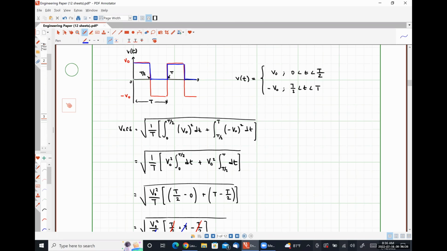So just because it happened to work out to be V naught for the square wave that we're dealing with here, if we change the shape of the square wave by either cutting off the negative half cycles or changing the duty cycle, and what I mean by that is changing the duration of how long it stays positive to how long it stays negative, we'll get different answers. Okay.